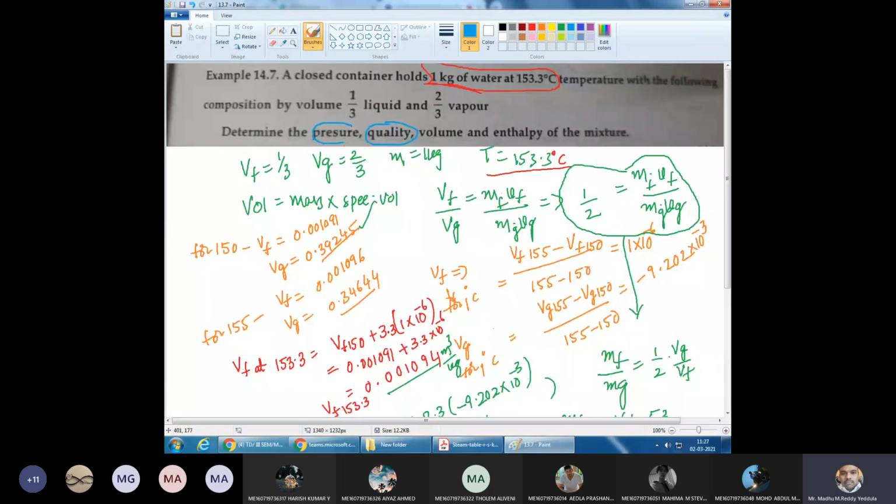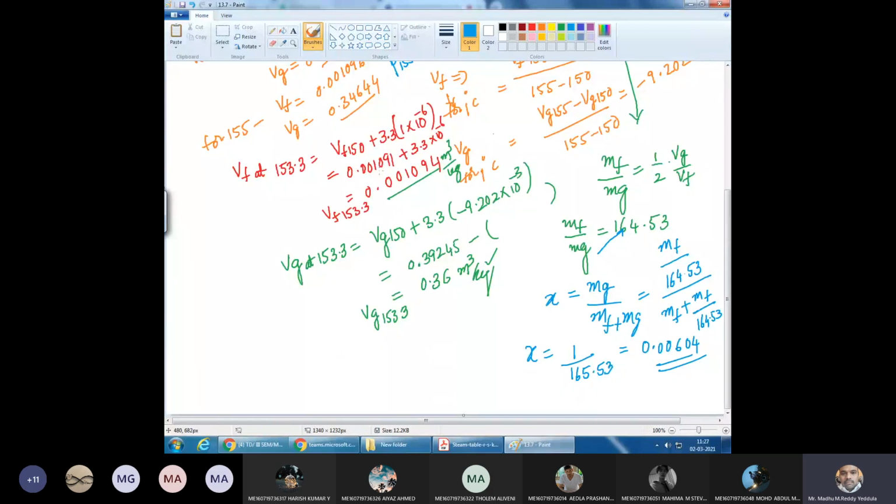By using interpolation only. At 150 degrees centigrade, what is the saturation pressure? At 155, also you need to write. So write P at 150 and P at 155, and by using interpolation calculate the corresponding pressure. Then he's asking for volume. Volume you can calculate because the dryness fraction is known.